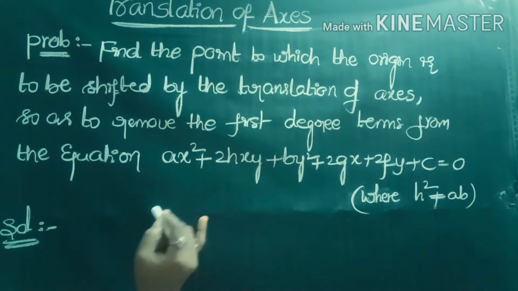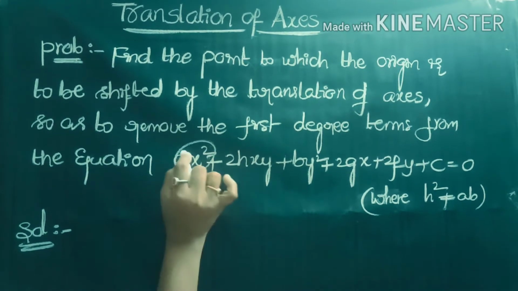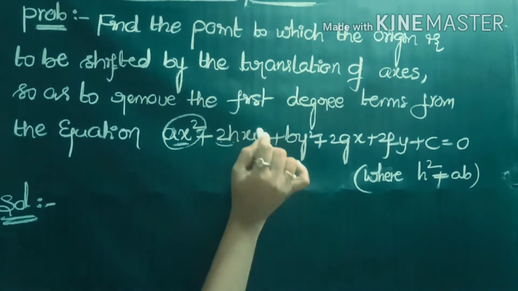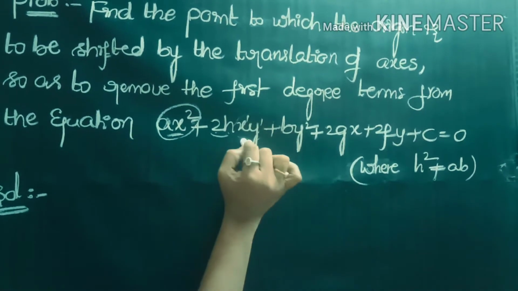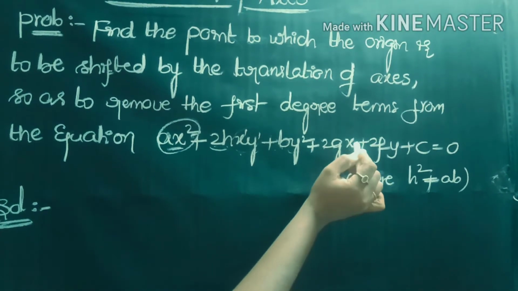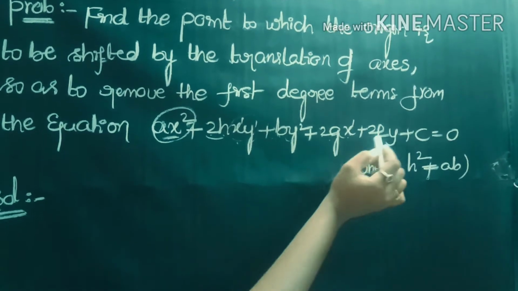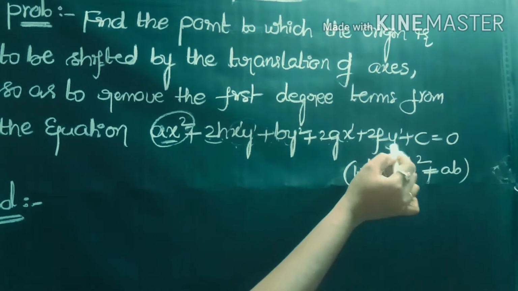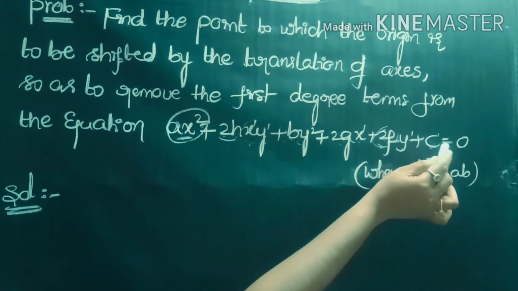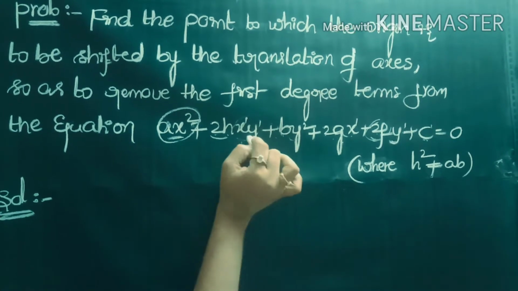What are the first degree terms? ax square, by square and 2hxy are second degree terms; 2h, a and b are constants. 2gx and 2fy are first degree terms, with 2g and 2f as constants, and c is a constant with degree 0.